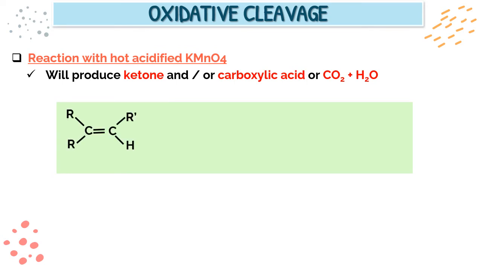I have over here my alkene. Let me label this. This is carbon number 1. This is carbon number 2. When we do the oxidative cleavage, when we put hot acidified KMnO4, the bond over here will break.